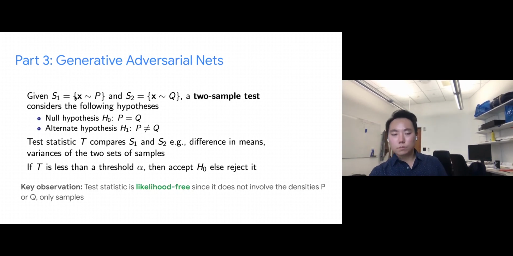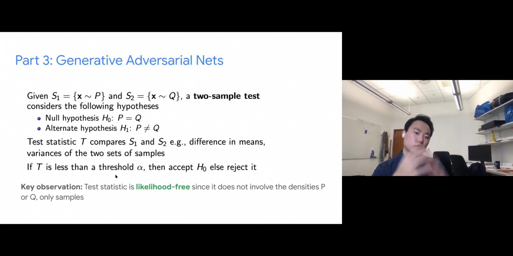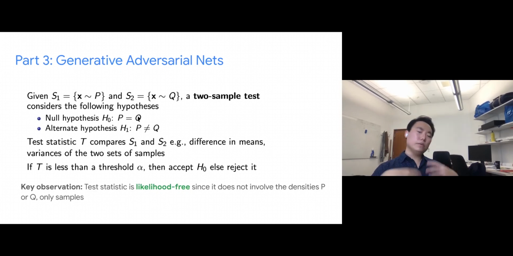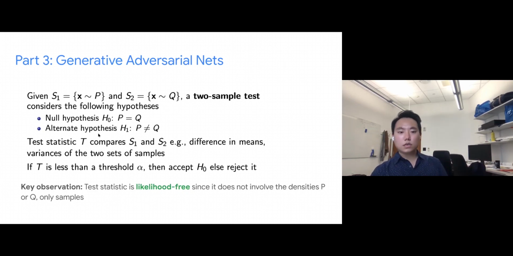I compute the mean of all my samples in S1, the mean of all my samples in S2, and the difference in means. If this difference is less than a threshold, I say the means look pretty much the same, so I guess that P and Q are the same distribution, and I accept my null hypothesis. If the means are really different, then P and Q are likely different distributions, so I accept the alternate hypothesis.